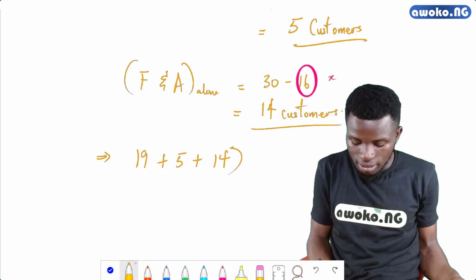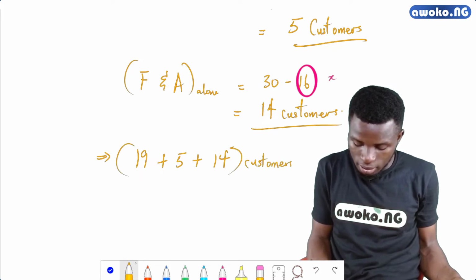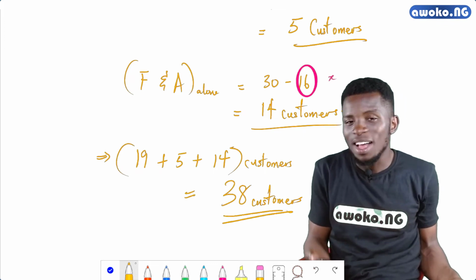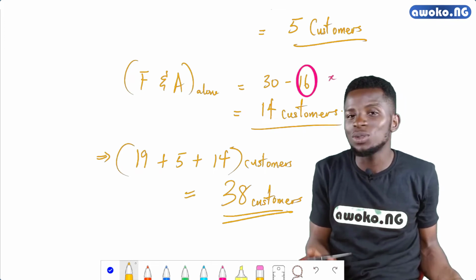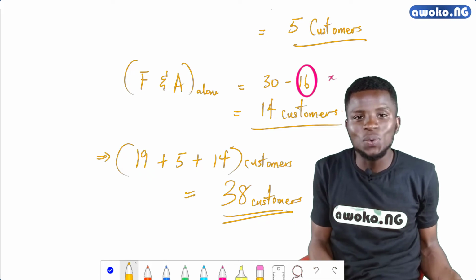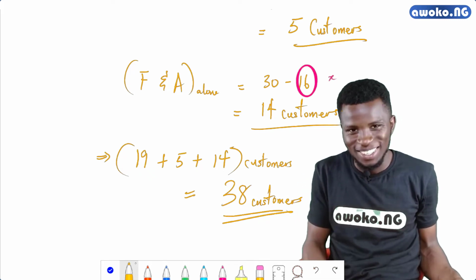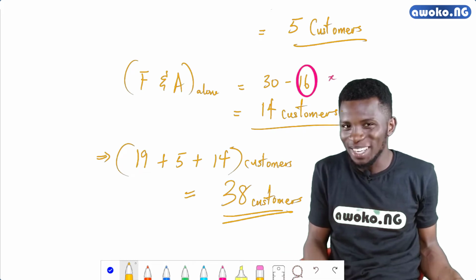Of course, 19 plus 5 plus 14 customers will give us 38 customers in all. Therefore, 38 customers out of 120 customers banked with exactly 2 of the 3 banks. This is very simple, right?